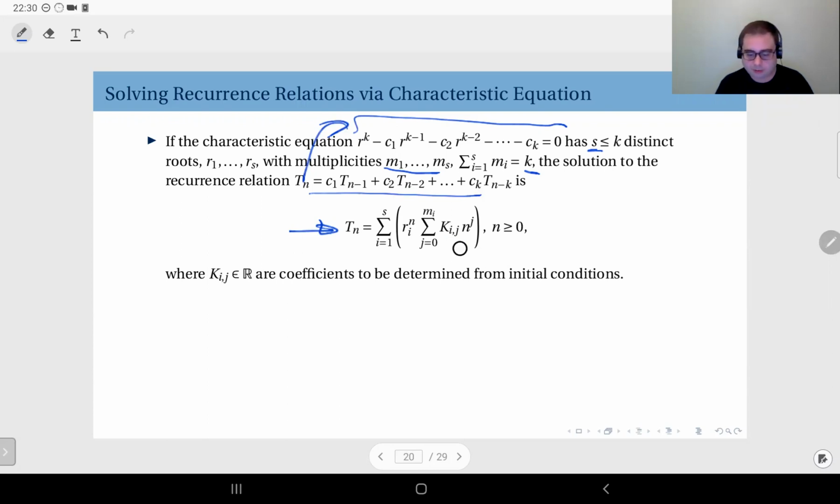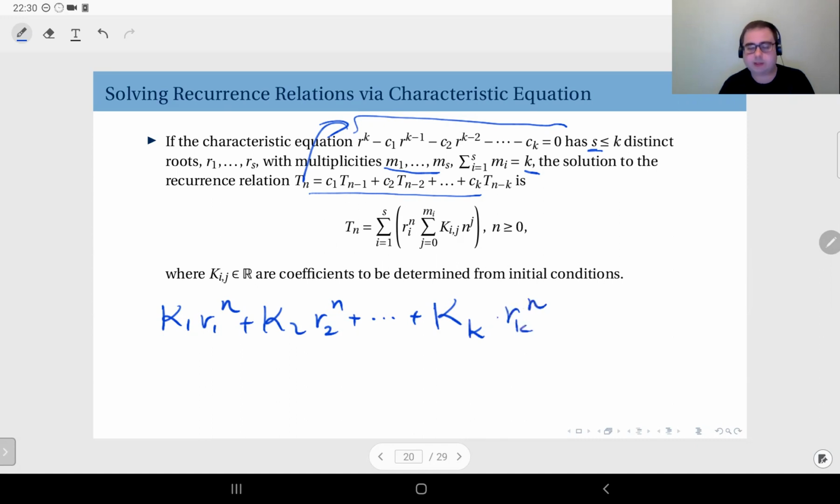Now, this looks like a complicated expression, but it's simply an extension of what we already have seen. You see, we would have k1 times r1 to the power n plus k2 times r2 to the power n, and so on, up to k_k times r_k to the power n. This was the general form.